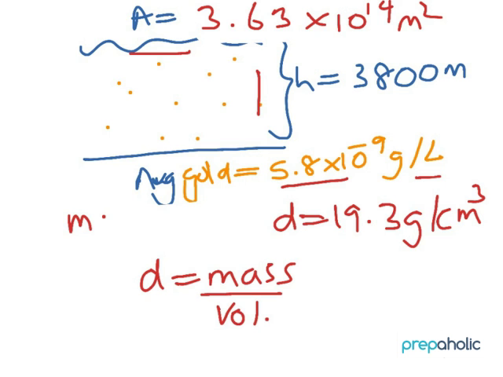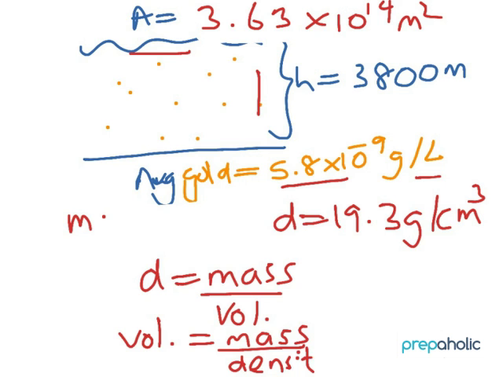In order to calculate the volume, we just need to rearrange this equation, and we will get the volume by dividing mass by density. Okay, so let's just do that now.